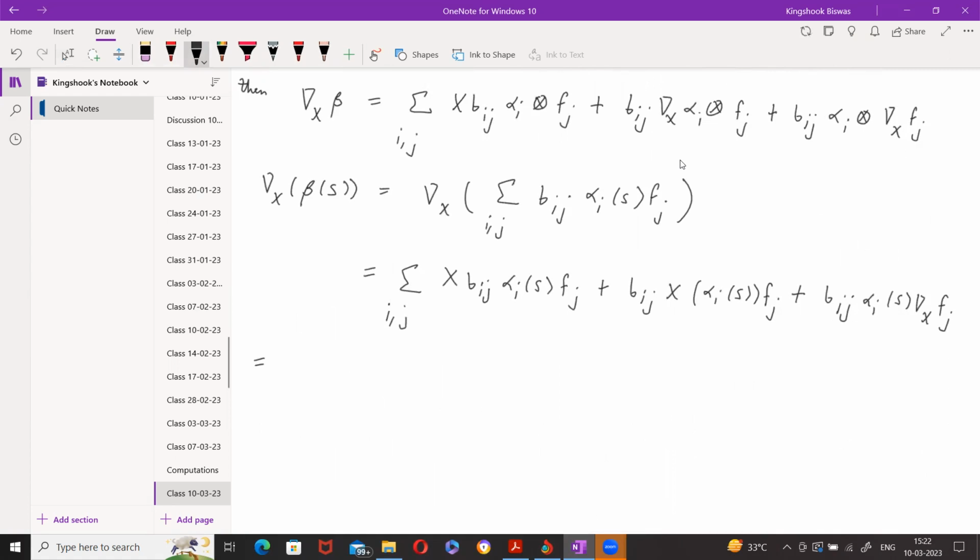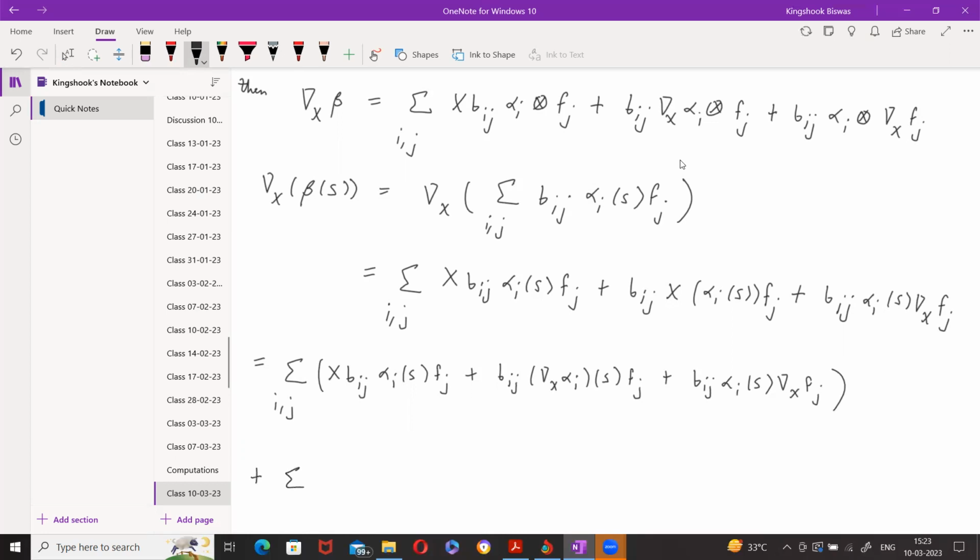So we'll get the sum over i,j of x B_ij alpha_i of S F_j, plus B_ij nabla x alpha_i of S F_j, plus I have this term here, B_ij alpha_i of S nabla x F_j.